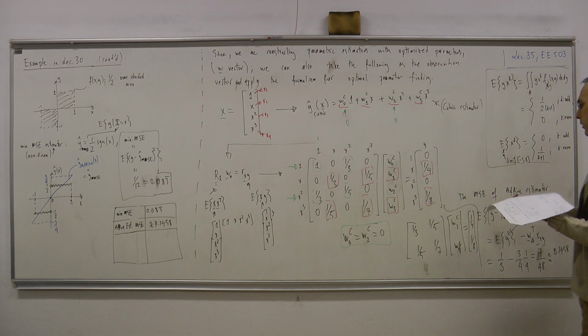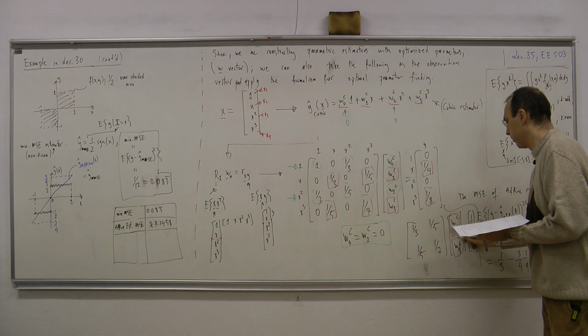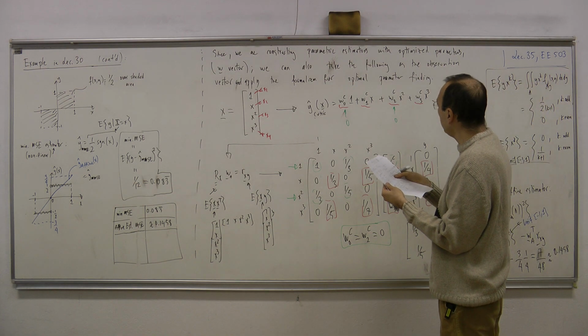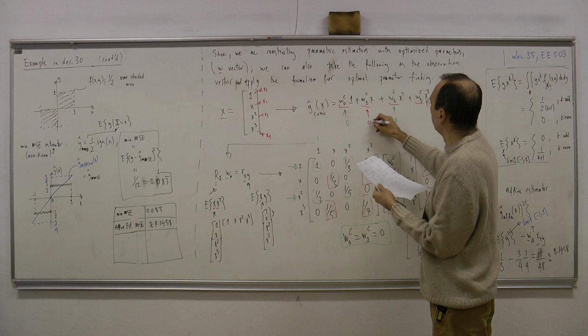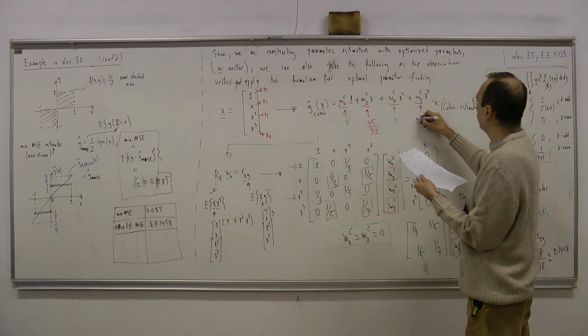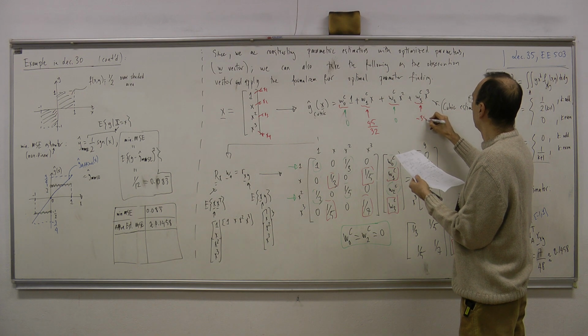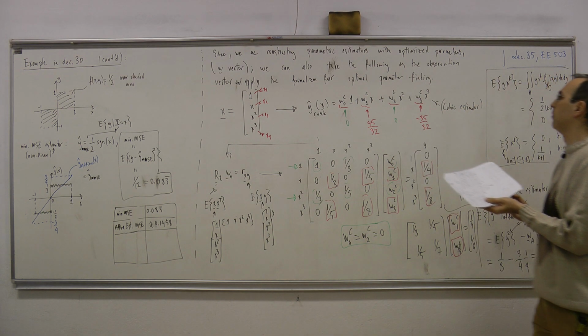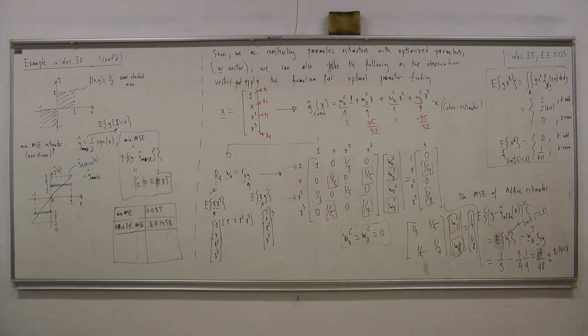So how about the red ones? The linear term is 45/32, and this one is minus 35/32. Okay, so I can get the coefficients of the cubic estimator like that.